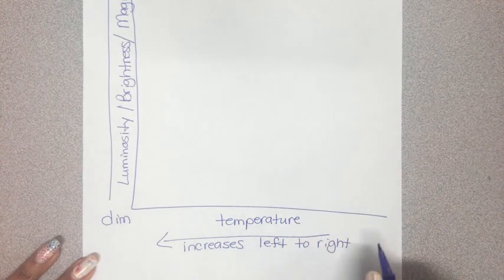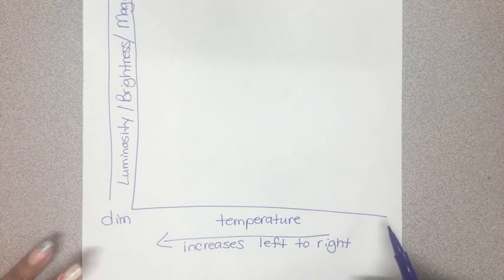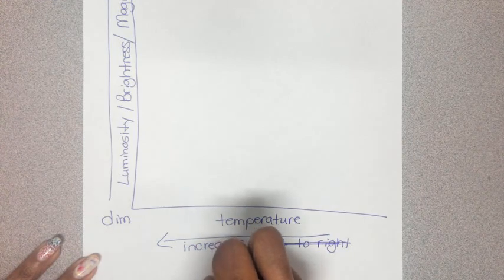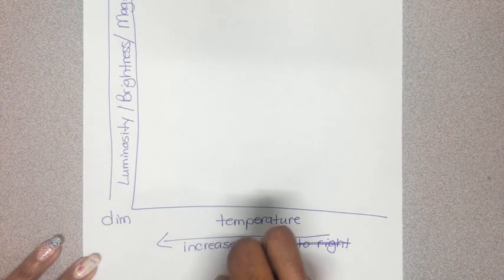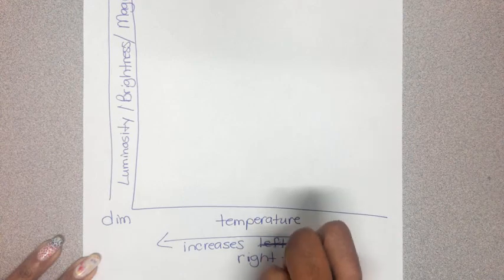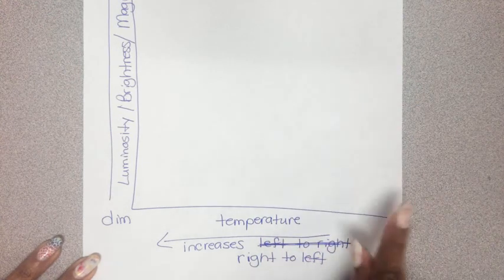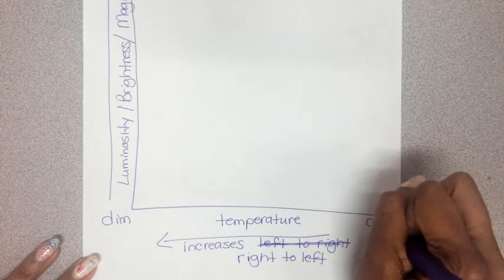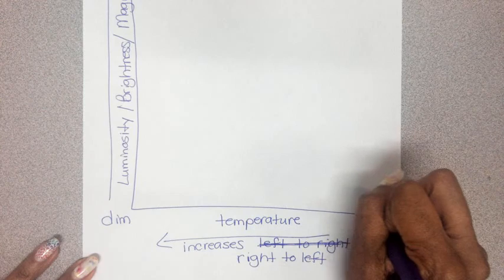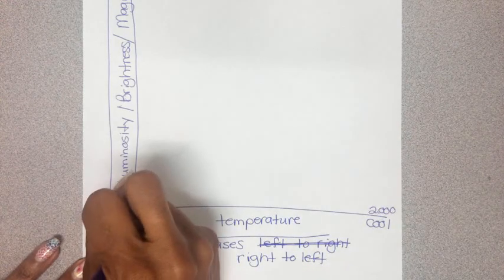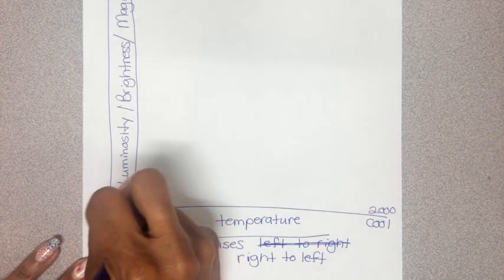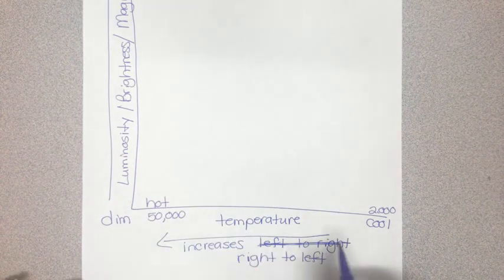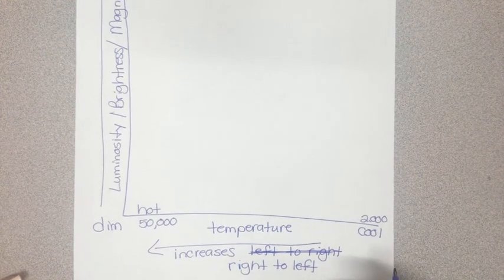Your temperature increases as you go from right to left. So you're going to have your cool stars here, and that might be 2,000 degrees. And your hot stars are over here, and that could be 50,000 degrees. So going from right to left, your temperature increases.